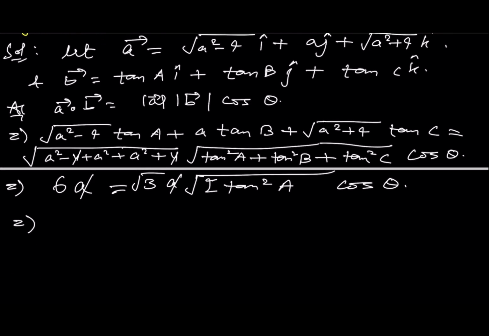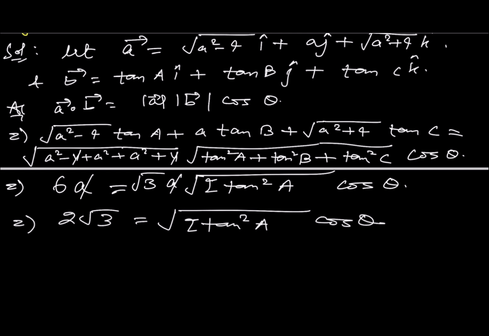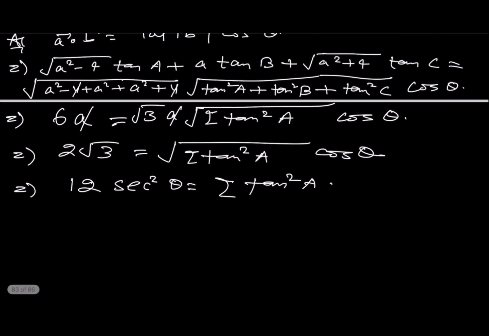So this will be 2 root 3 is equal to root over summation tan square A cos theta, or after squaring this will be 12 sec square theta is equal to summation tan square A. Summation tan square is nothing but tan square A plus tan square B plus tan square C.